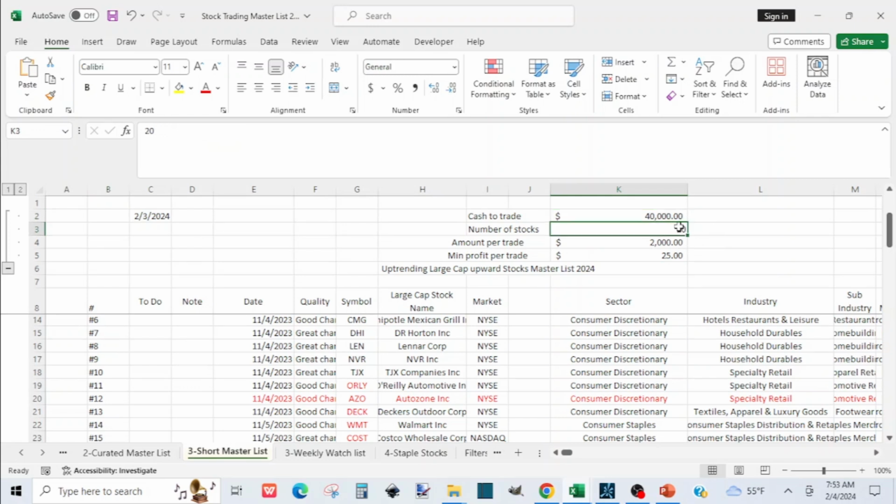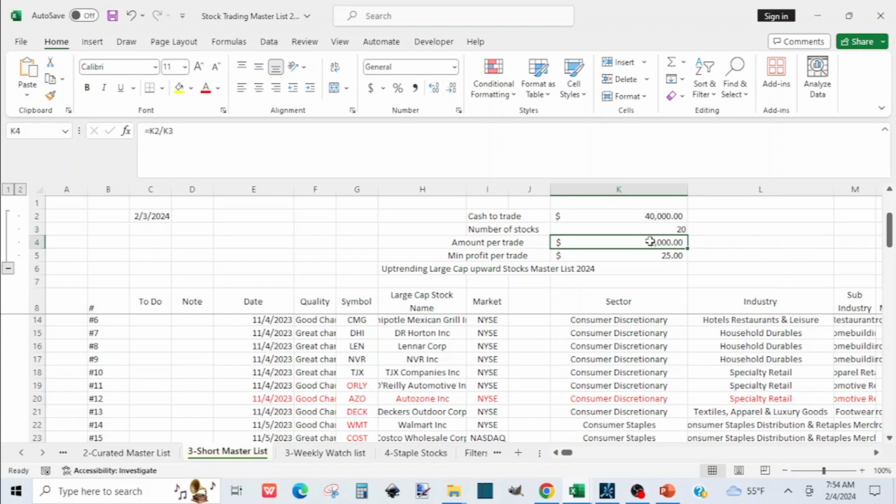I'm going to buy 20 every day, but I have money for all of them, so that when one is at the right spot, all my money is not already tied up in trades. So I take that 40,000 divided by 20, and it gave me 2,000.